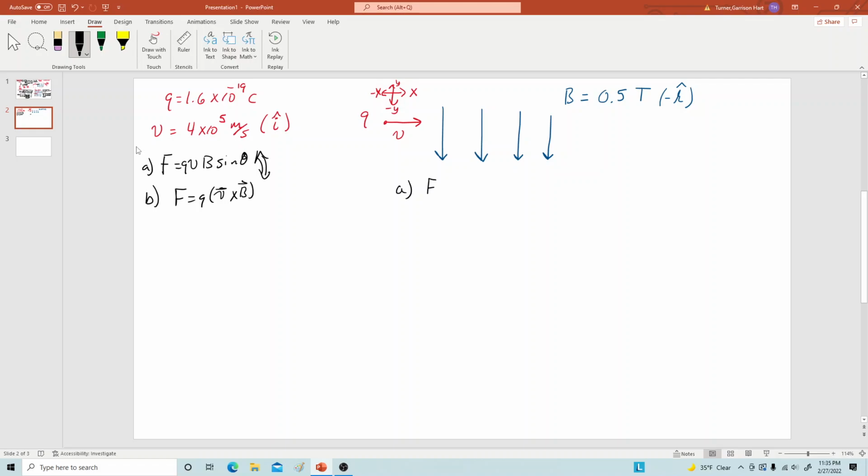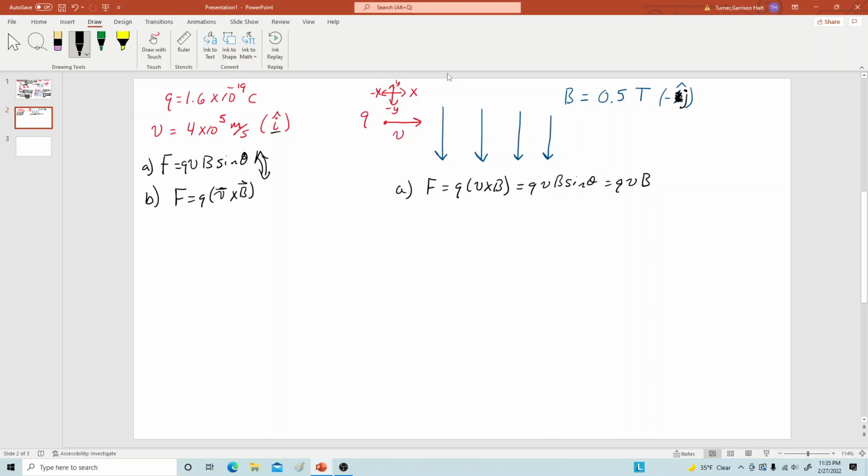F is going to be equal to Q times V cross B, but because V and B are perpendicular to each other, i and negative, this should be negative j in our coordinate system, not negative k. That should be negative j. Sorry about that. But i and negative j are 90 degrees to each other, so this is going to be QVB sine theta, which equals just QVB.